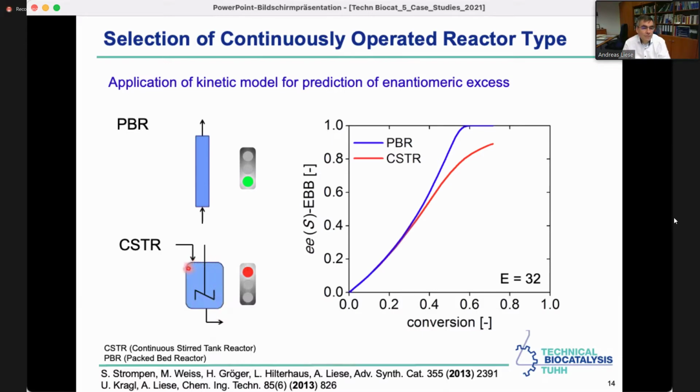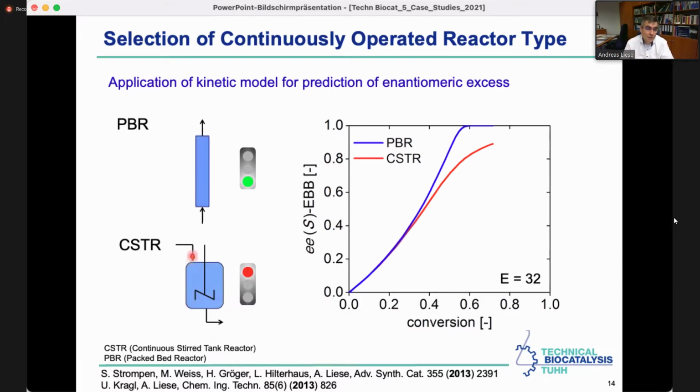And this is a specific advantage, or in this case disadvantage, of the CSTR in contrast to the plug flow reactor, because in the plug flow reactor, we add a volume element in the beginning here. This is filled with the enzyme, the blue rectangle. And now this volume element is running through here and the kinetic resolution is carried out, but no new racemate comes to this volume element moving up here until it exits after, let's say, 1 hour of residence time.